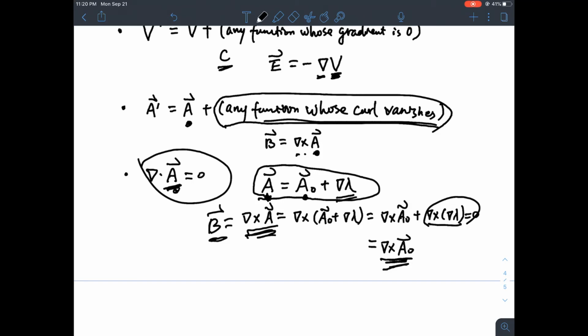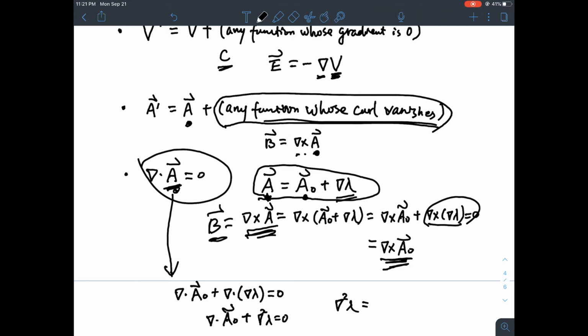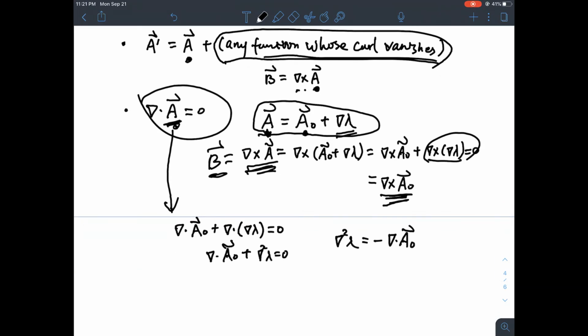Now we want to simplify by making del dot A equal to 0. So del dot A is del dot A0 plus del dot del lambda, equal to 0, which is really del dot A0 plus del square lambda equals 0. So we can choose del square lambda equal to minus del dot A0.